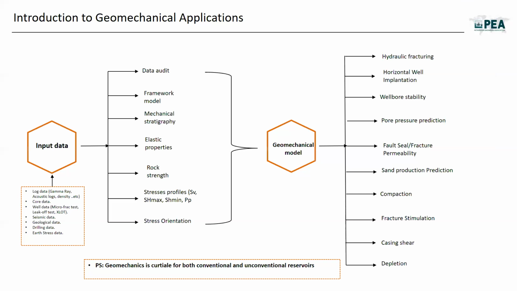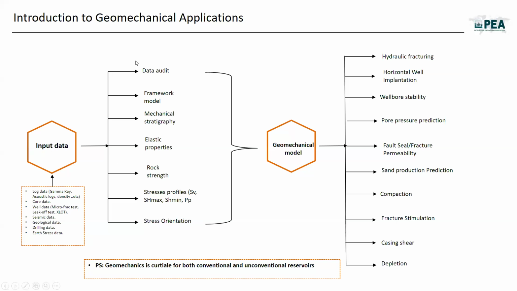Here we have a summary of the geomechanical applications. The geomechanics analysis workflow is based on input data from log data, core data, well logs, seismic data, geological data, and drilling data, and we can also use the WSM, the publicly published World Stress Map data.